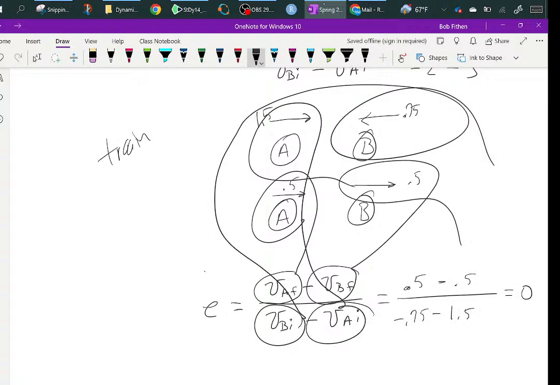And guess what? It's equal to 0 because of the top. e is equal to 0, they are stuck together, or the maximum loss of energy.